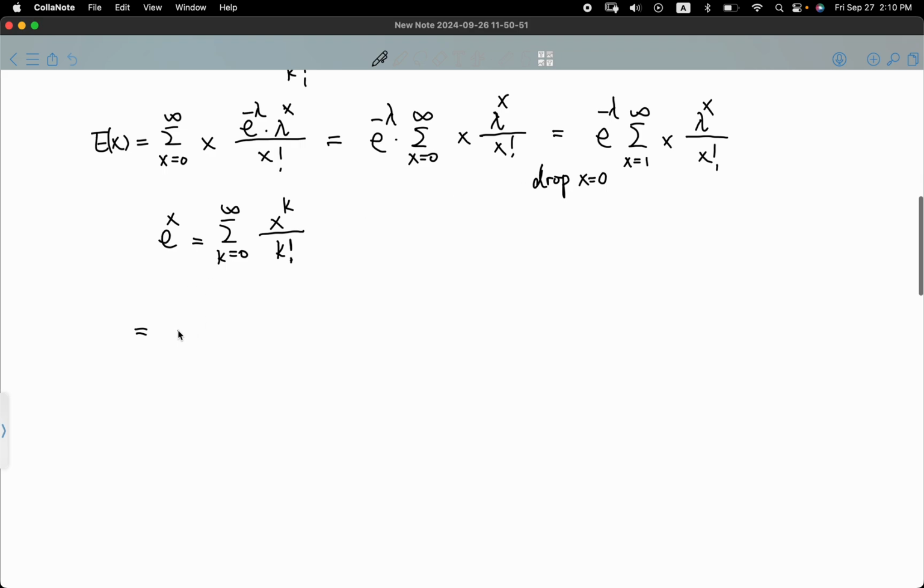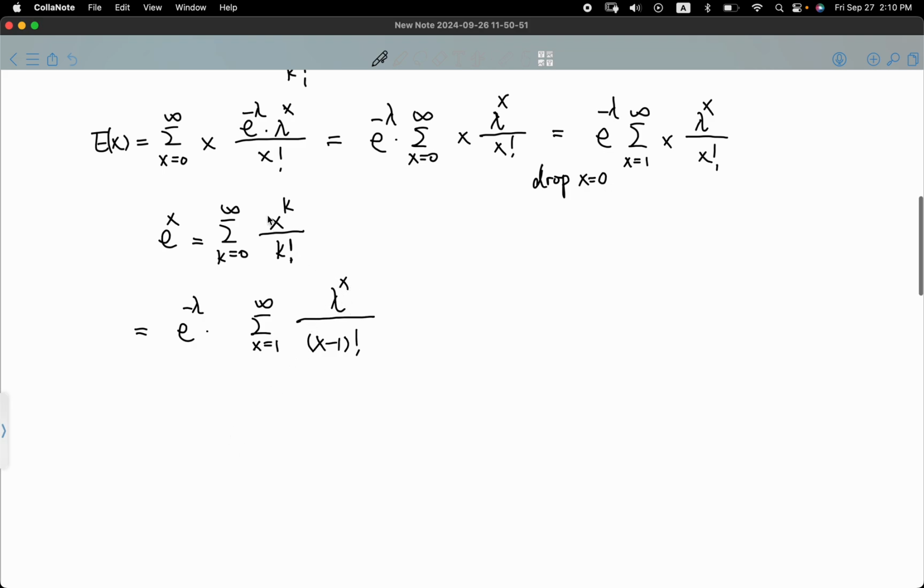So what we can do is first have the coefficient in the front, and then we can leave some space here for now, and then we have the x equal to 1 to infinity, and then we can reduce one copy of x from the denominator by rewriting x minus 1 factorial, and then we'll have lambda raised to the power of x.